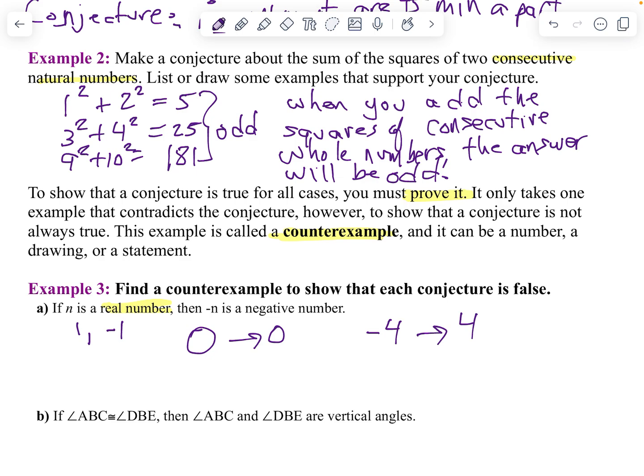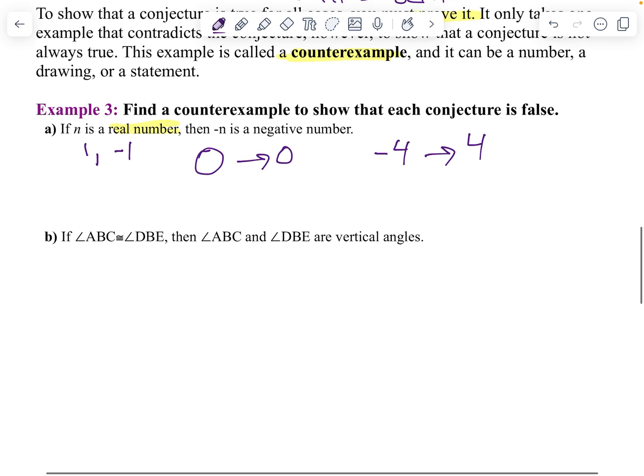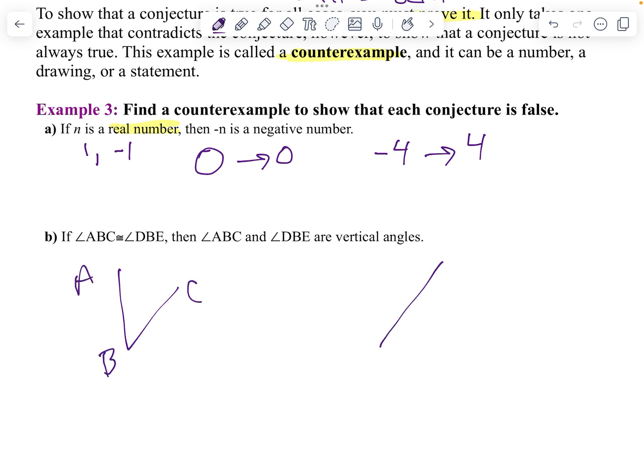There's my two counterexamples. If I look at letter B, it says, hey, if these two angles are congruent, then they must be vertical. And I can just show that really simple. Here's angle ABC. And over here, I'll have angle DBE. They're both congruent, but they're not vertical angles, are they?